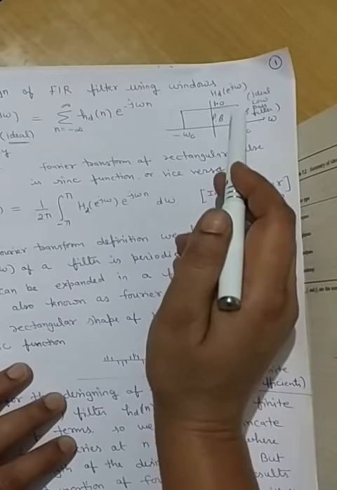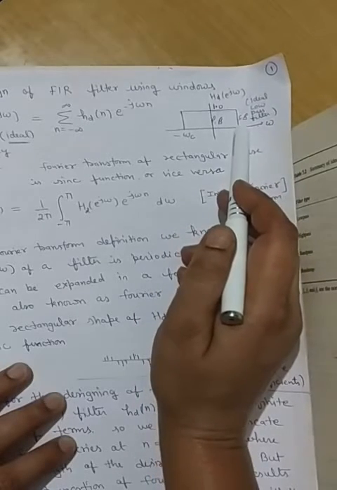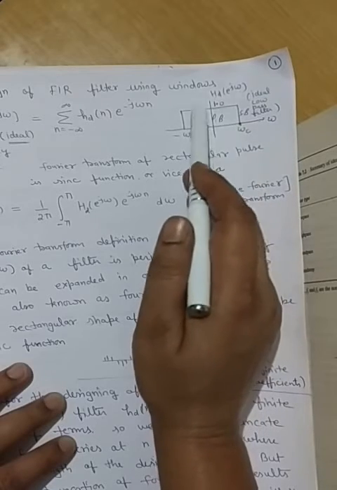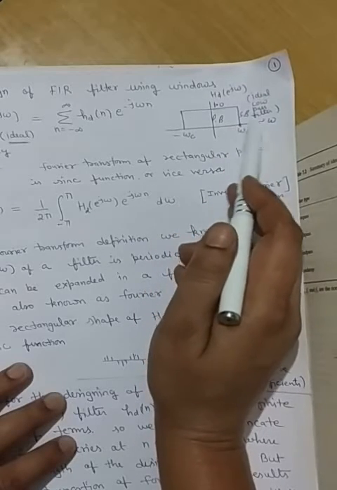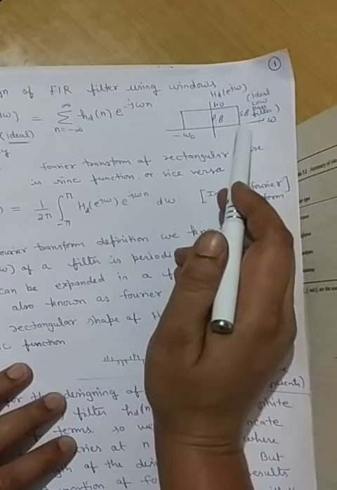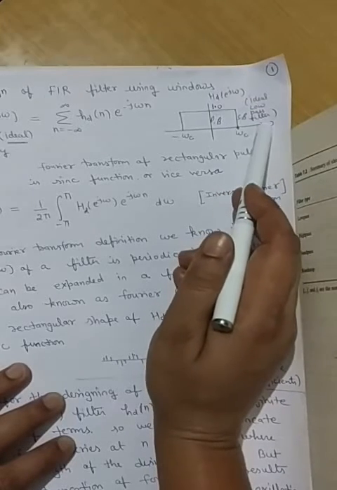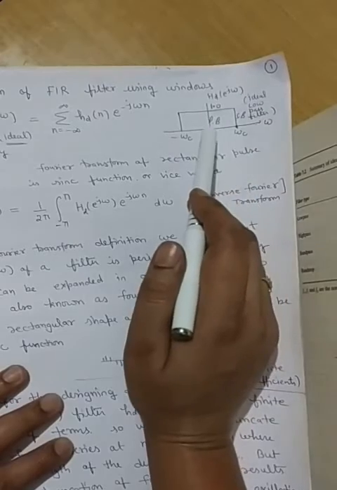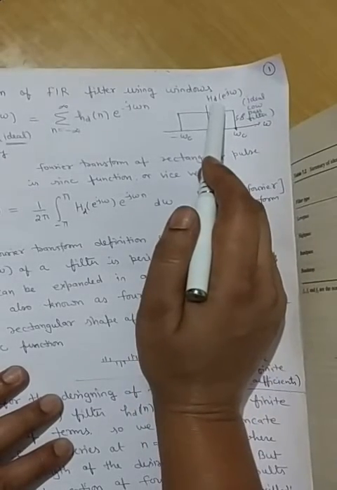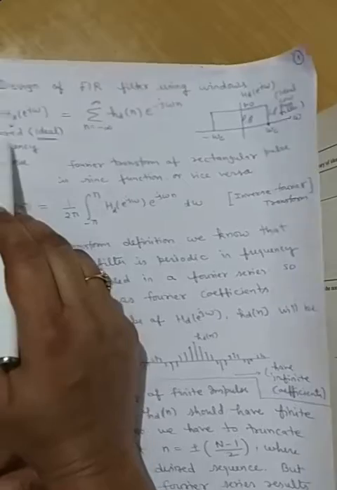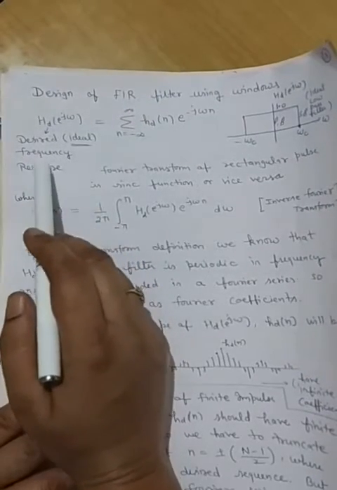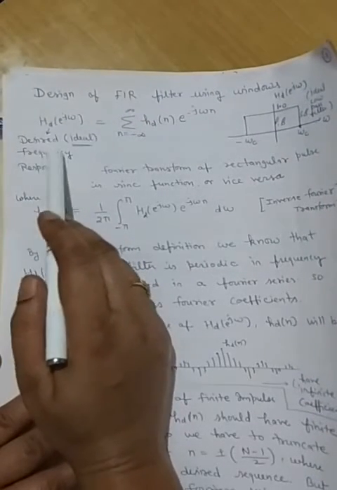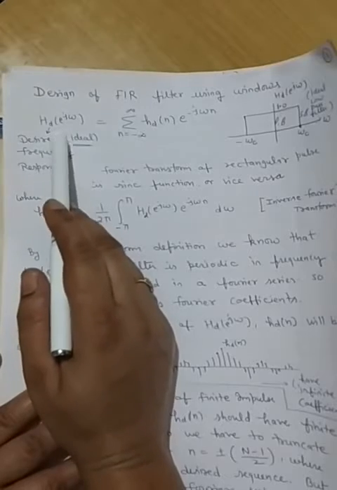Means if you want to pass a frequency, it should be passed fully, and if you want to stop a frequency, all the components that lie in the stop band should be completely rejected at the output. So that's why D is written here, that represents the ideal, or D represents the desired.